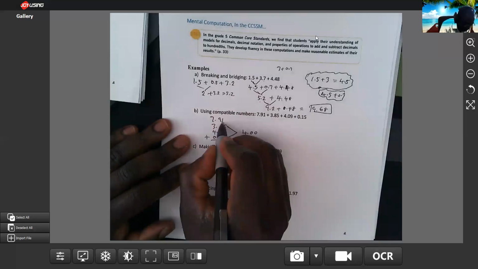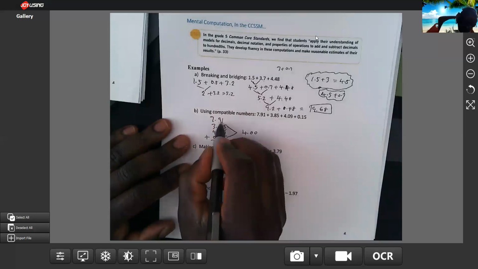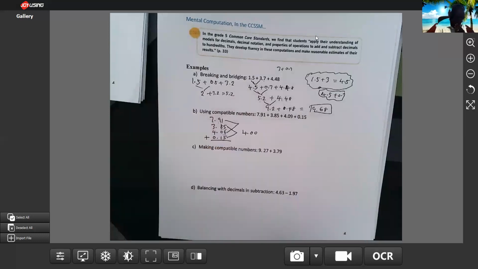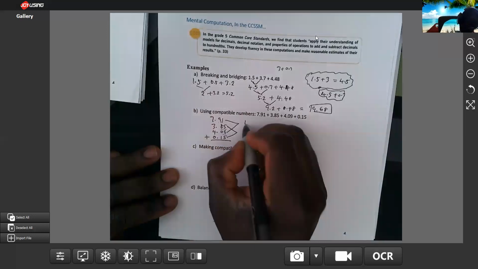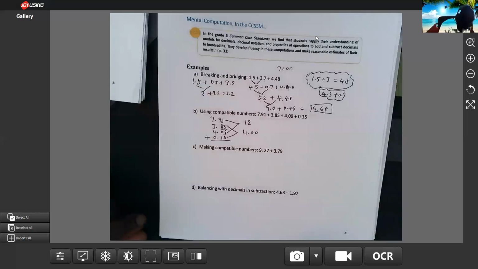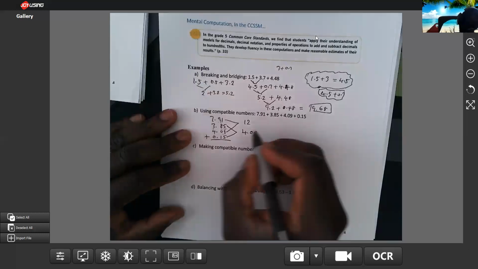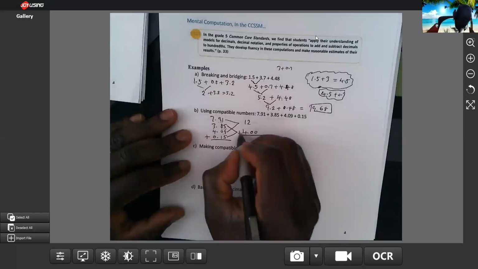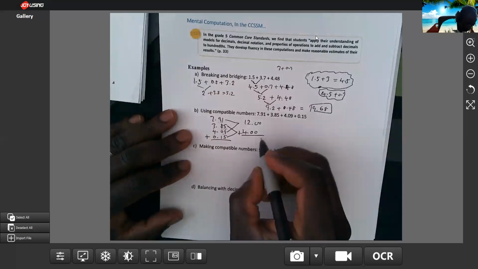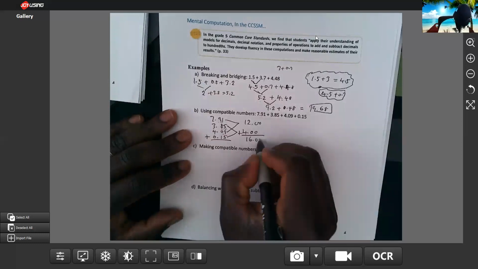If I add 0.09 to the 0.91, I know that also will give me 1. And again, the 1 plus 7 plus 4, that will give me 11 plus 1, that will give you 12. And therefore, we can add these two together: 12.00 plus 4.00 gives me 16.00.